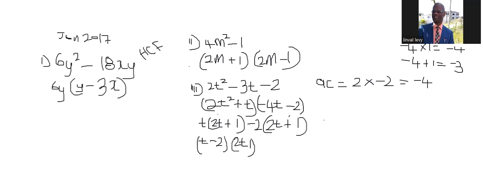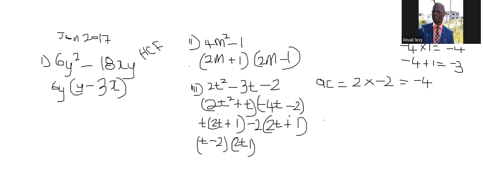So again, when we have the quadratic expression ax squared, once we have a, which is the 2, we are going to multiply that a times the c, right?